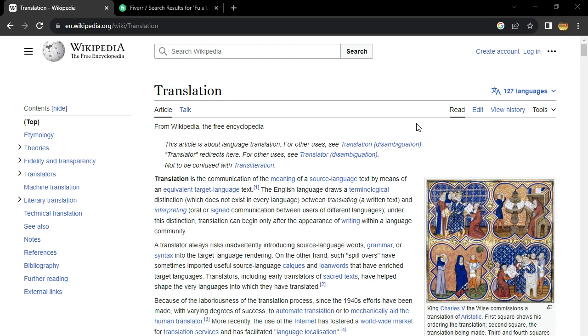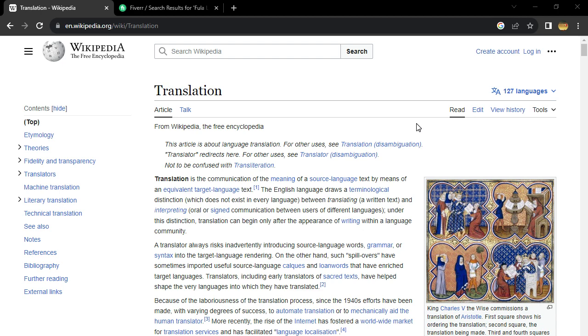Because of the laboriousness of the translation process, since the 1940s efforts have been made with varying degrees of success to automate translation or to mechanically aid the human translator. More recently, the rise of the internet has fostered a worldwide market for translation services and has facilitated language localization.